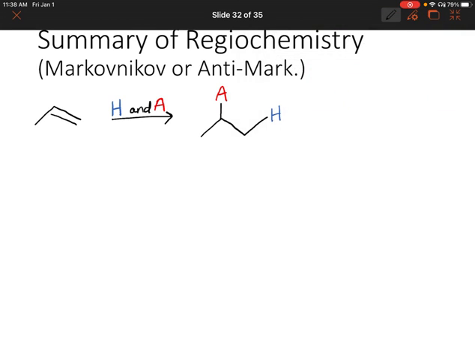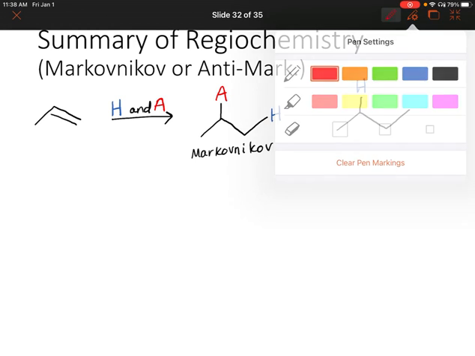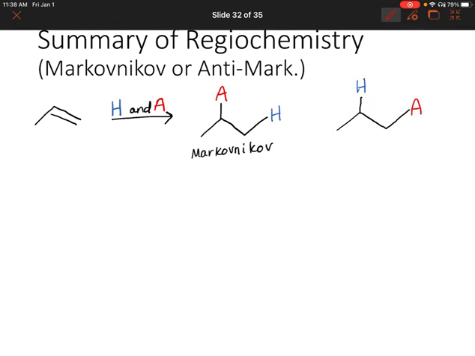And so that is our Markovnikov addition. Or we could end up with the hydrogen adding to the more substituted side, and the A functional group adding to the less substituted side. And that would be our anti-Markovnikov addition.